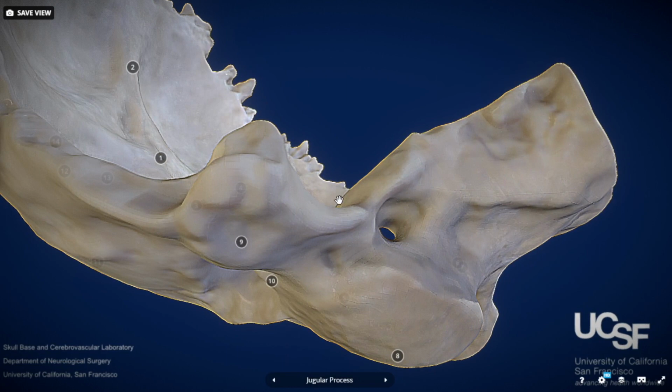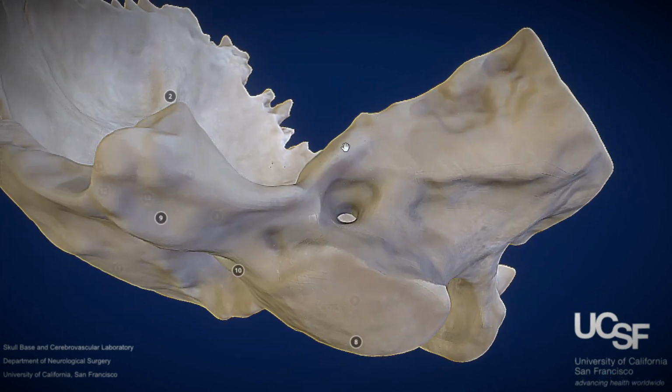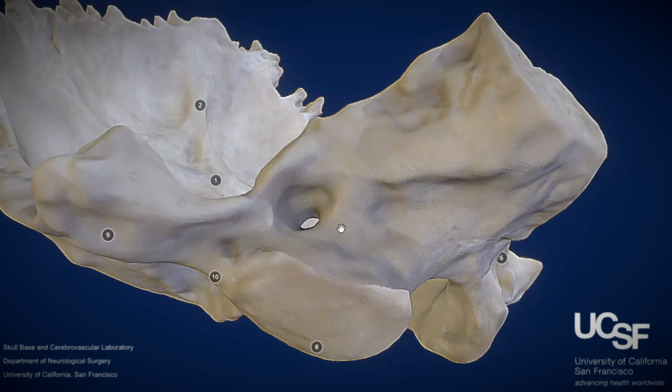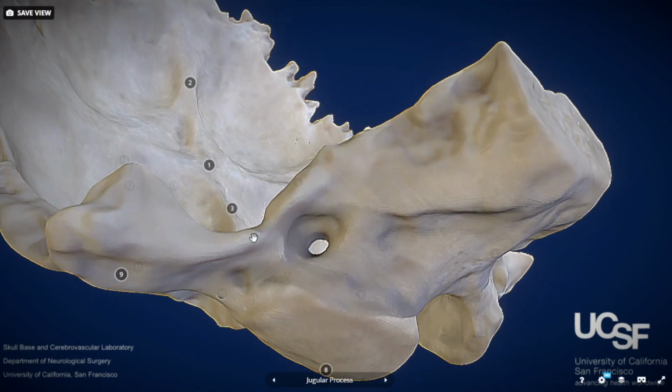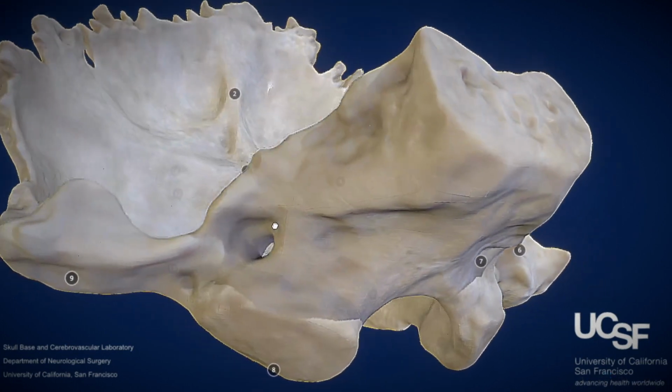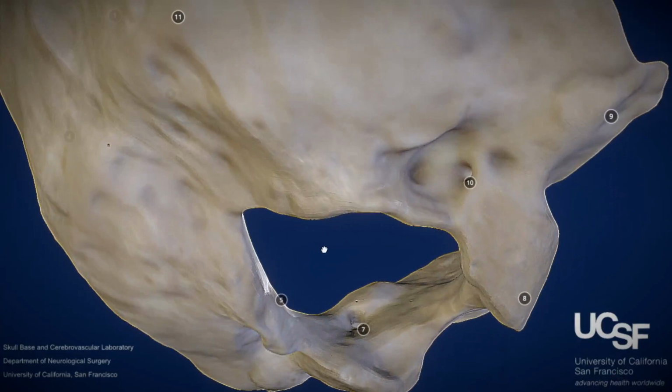Just to remember, the jugular foramen is the place where the internal jugular vein and the inferior complex, named 9th, 10th, and 11th cranial nerves, are going to be traveling through, and the jugular foramen lies posteriorly and slightly lateral to the hypoglossal canal.